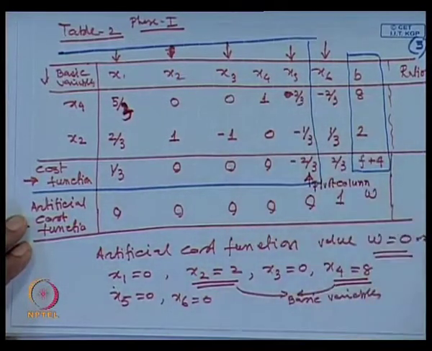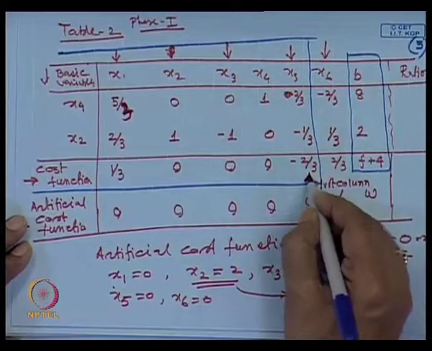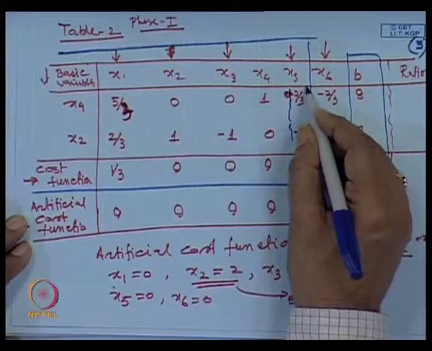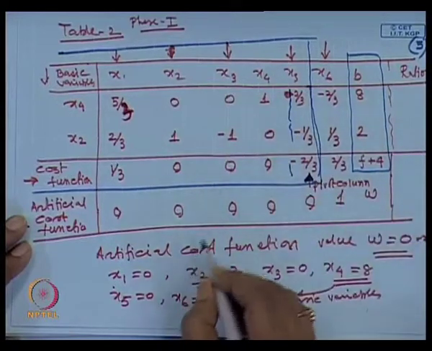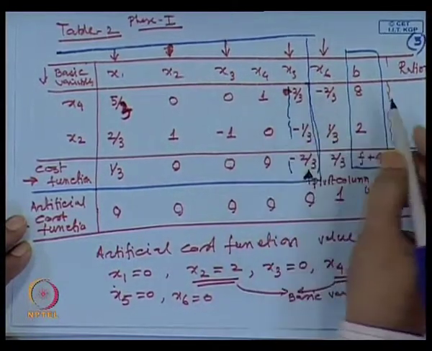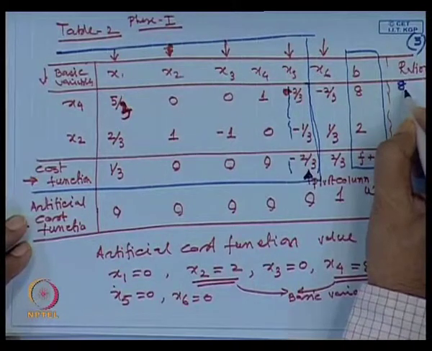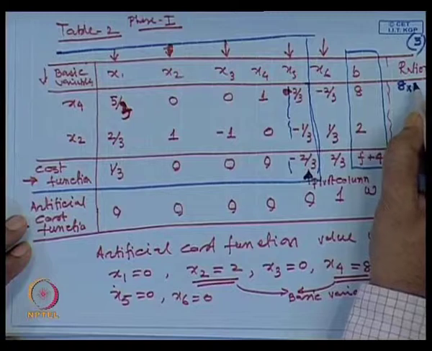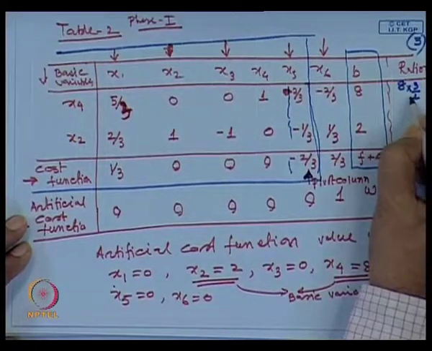If you see, this column is our pivot column. Okay, now you find the ratio, that means 8 multiplied by 3 by 2, it comes to 12.